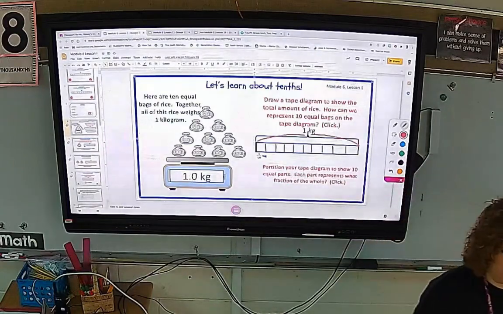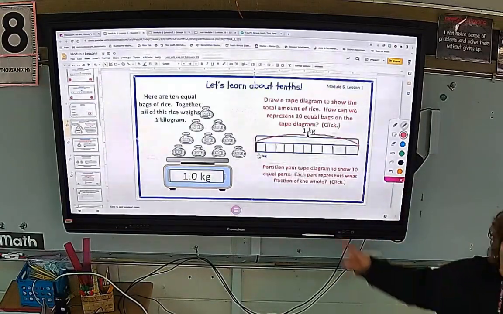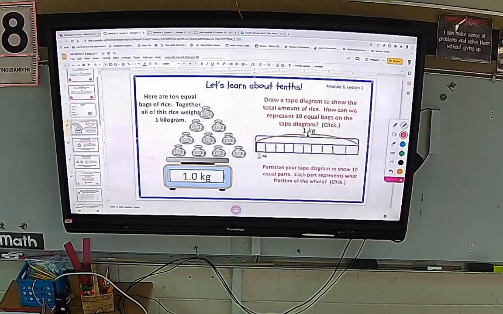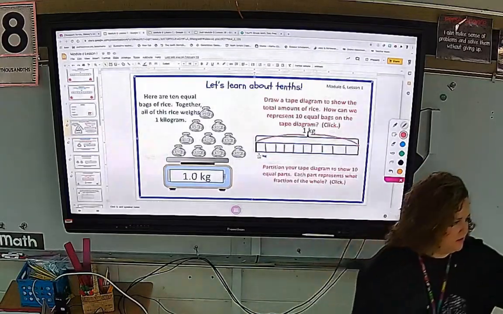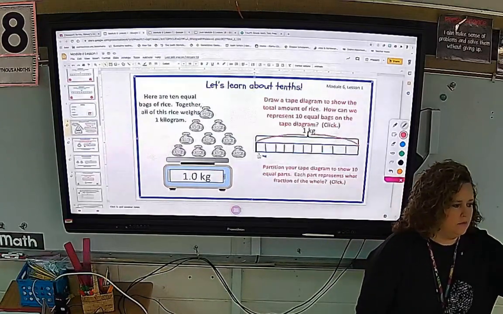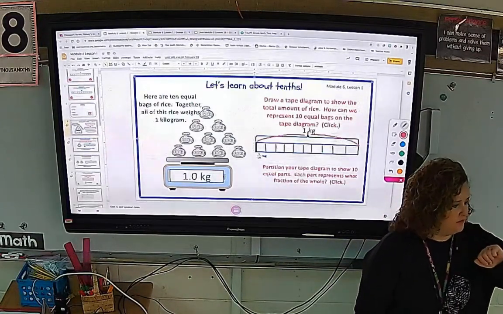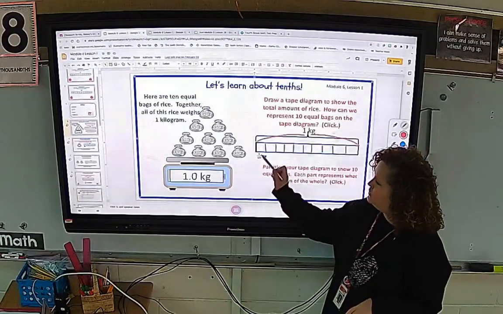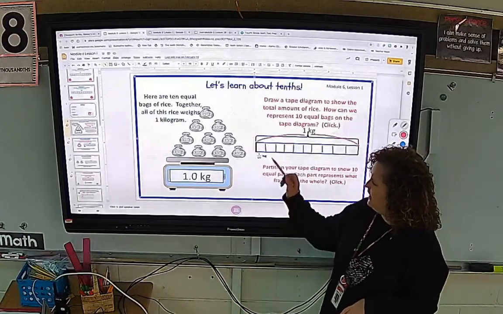I just said fraction, nothing scary there. There's 10 bags. I grab one, I put it on her desk. What fraction does she have now? 1/10. She has 1/10.